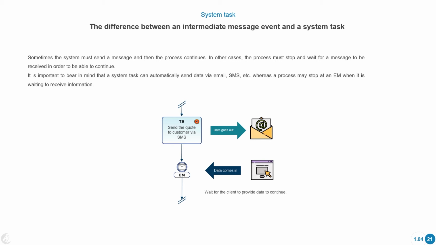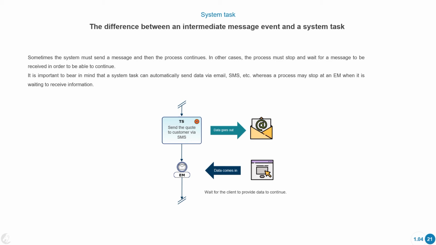It's very important to bear in mind that a system task can automatically send the information via emails, SMS, etc. But if we want to stop a process and wait for information to be input into the process, we have to use an intermediate message event. Even though it's called an intermediate message event, it doesn't mean that we're sending messages outside.